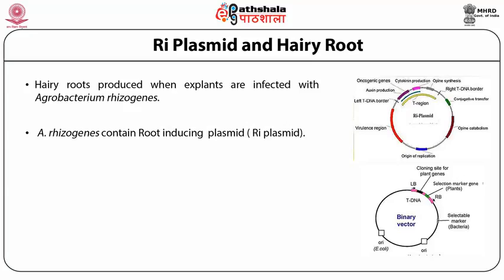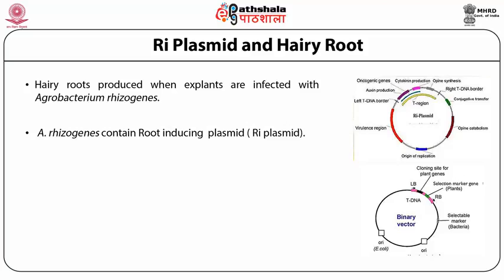So this system, the Agrobacterium rhizogenes system, is used to produce transformed roots in a plant. These are the characters of the Ri plasmid shown in this slide. It has a tDNA with right and left borders, and the region between these two borders has genes coding for auxin production, cytokinin production, oncogenes, and opine synthesis, and so on.